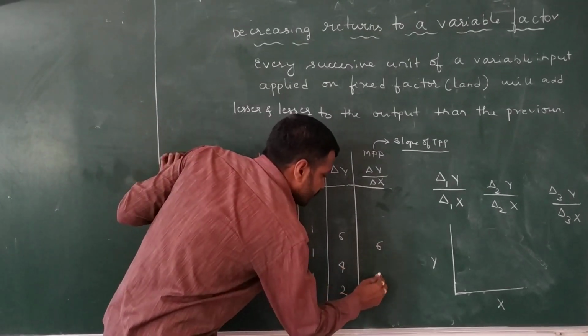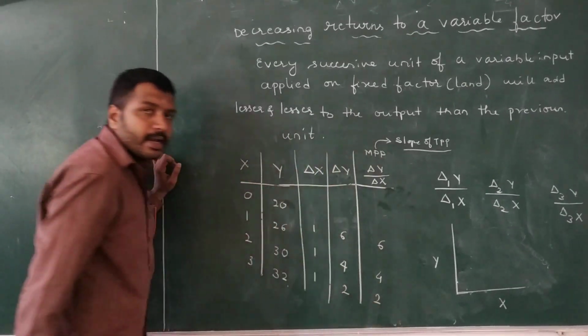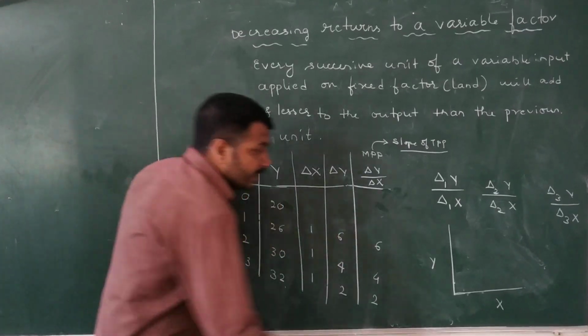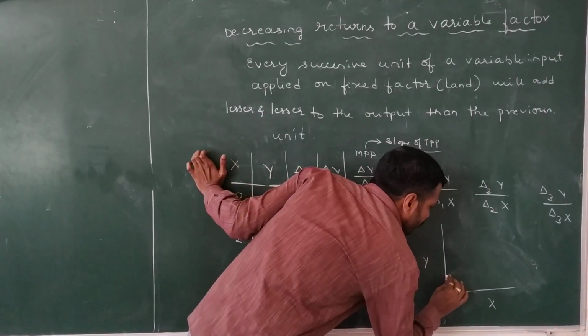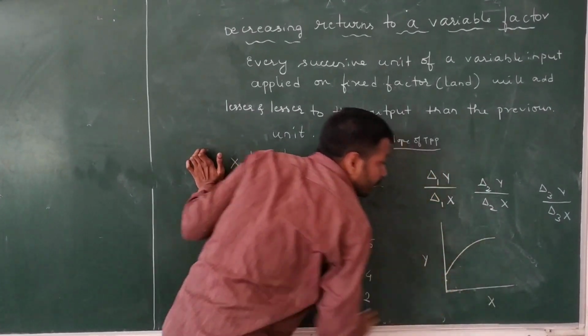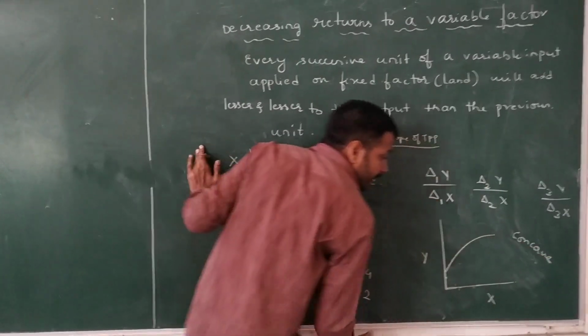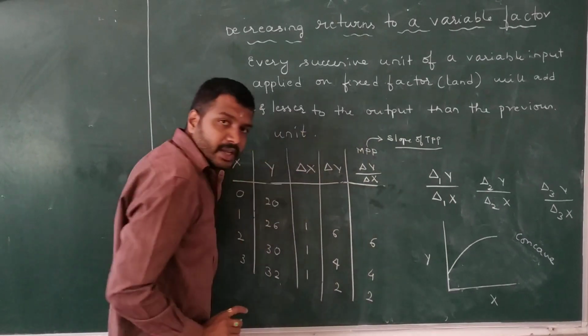So the ultimate response is 6, 4 and 2. Once we depict this x and y graphically, the nature of the production curve we obtain is concave to the origin. The shape is concave.